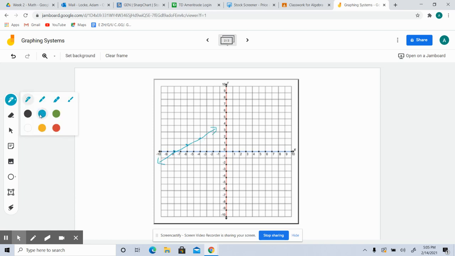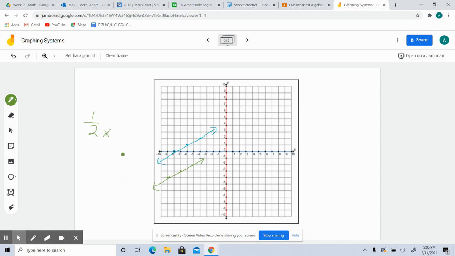If I get another line that is up 1 over 2, these things will go on and on forever and never cross. So the blue and the green line would be parallel because they have the same slope of 1 over 2.